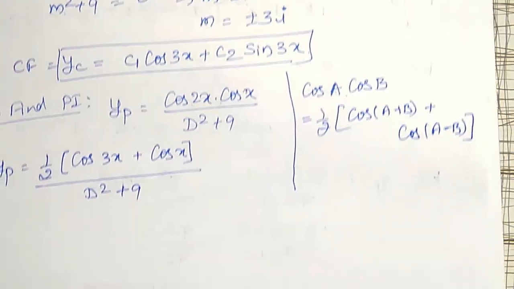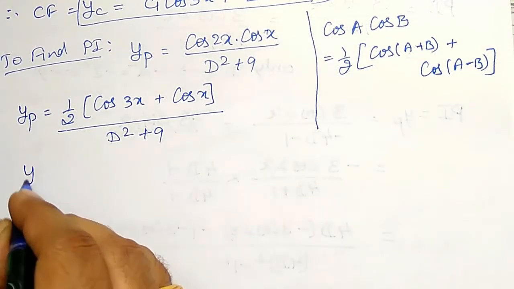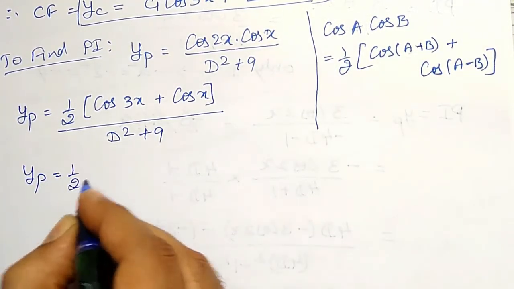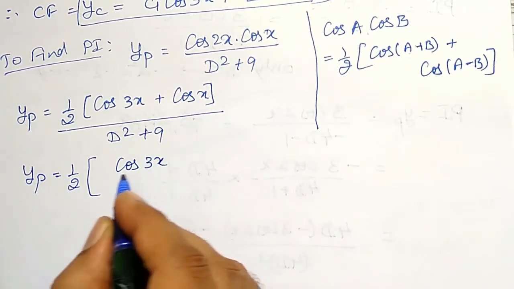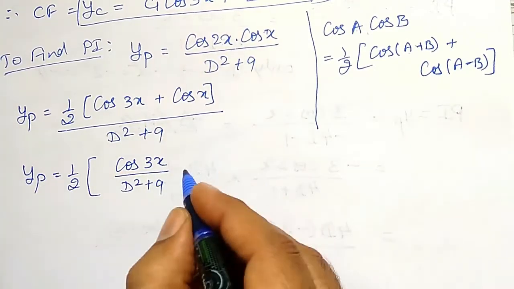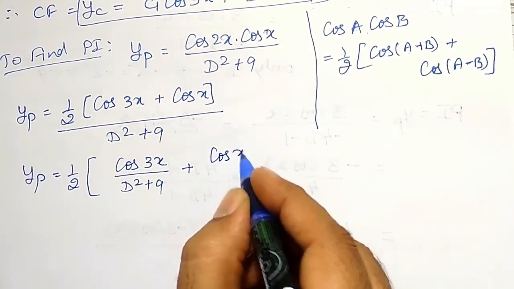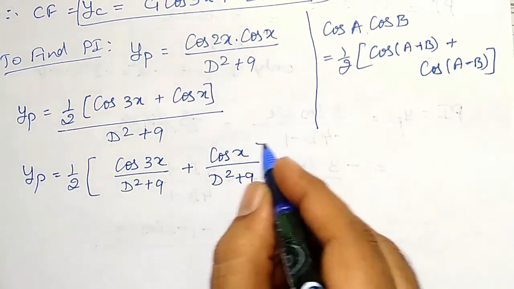Now I can split this into two particular integrals, that is yp equal to 1 by 2 times cos 3x divided by D square plus 9, because of addition I can split like this, plus cos x divided by D square plus 9.